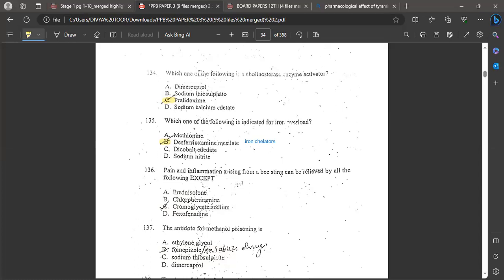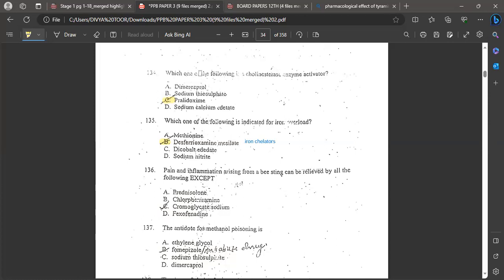Because in organophosphate poisoning, the poison binds to acetylcholinesterase irreversibly, so the level of acetylcholine becomes too high.